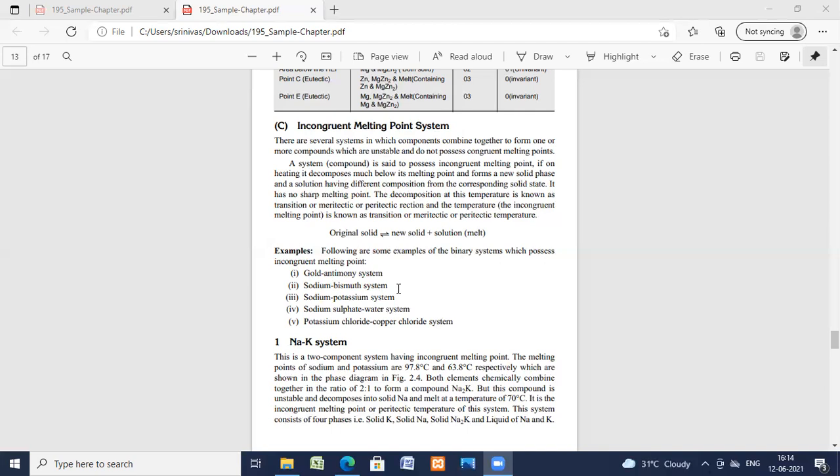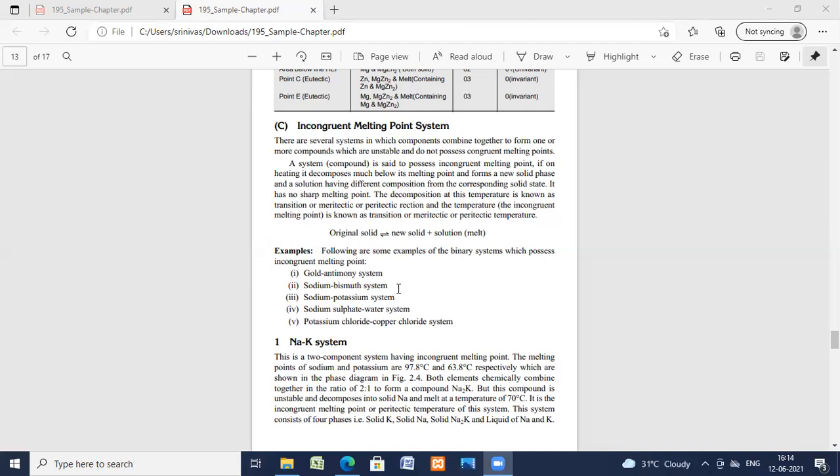There are many systems in which compounds formed by combination of two components decompose when heated, giving a new solid phase and a solution, that is a liquid, of a solid with different composition from that of the compound. Such compounds have incongruent melting.